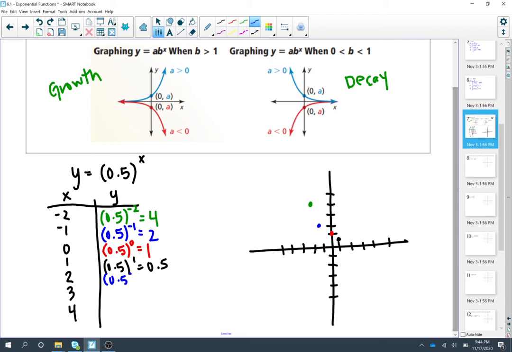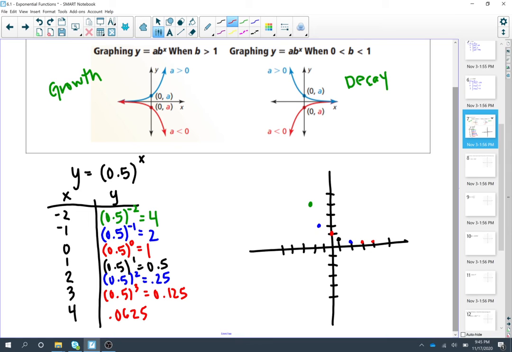So 0.5 squared is going to give me 0.25, which is about 1/4, which is even smaller. Then I'm going to substitute in 0.5 to the third. At this point, I'm going to grab my calculator again, which is going to give me 0.125, which is still little, but littler. And then let's do this one more time, which is going to give us 0.0625. And now we need to stop, which is even smaller, and have a conversation.